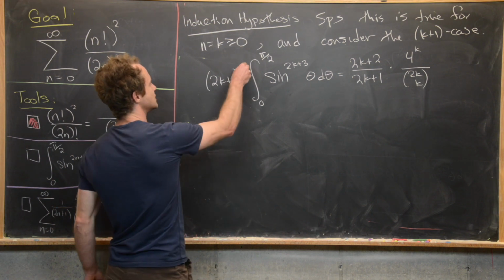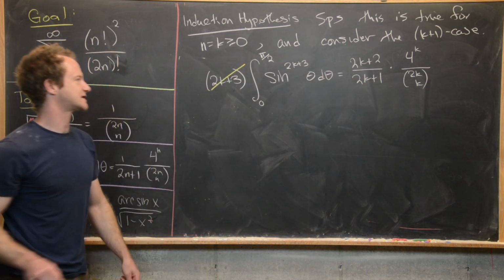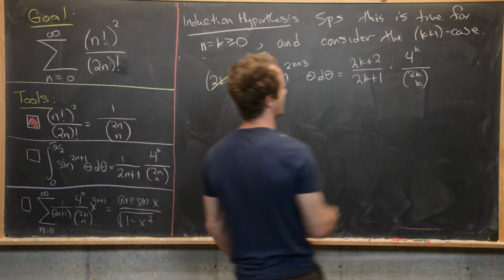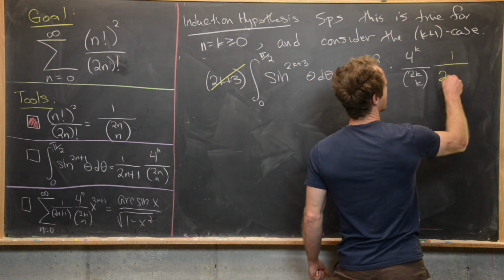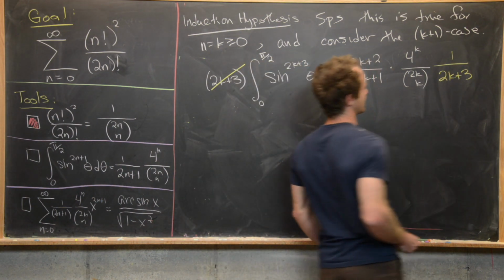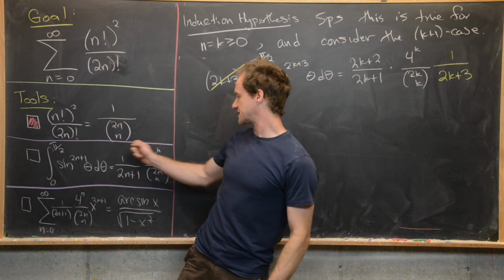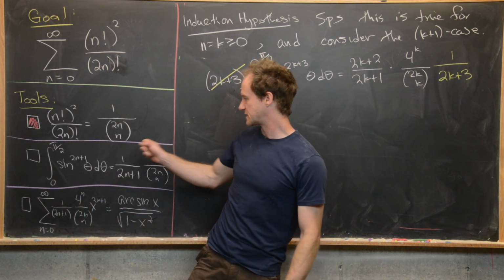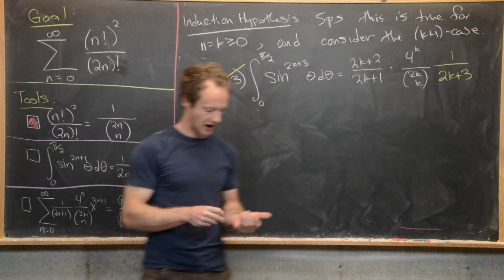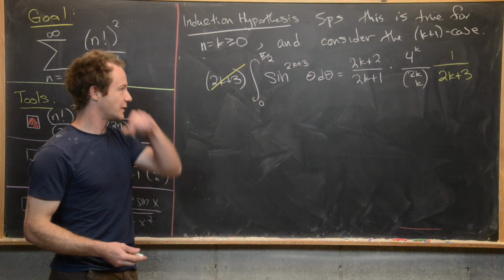So now what we can do is get rid of this 2k plus 3 on the left-hand side if we times 1 over 2k plus 3. Now what I'll do is start making this look like the right-hand side of this k plus first formula, and that will finish our induction step. So let's see if we can do that.